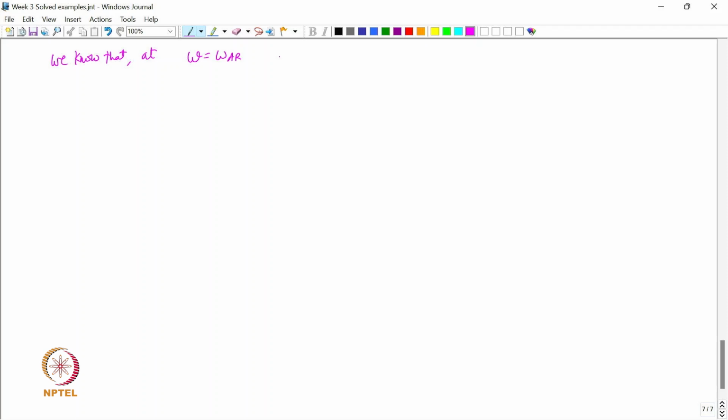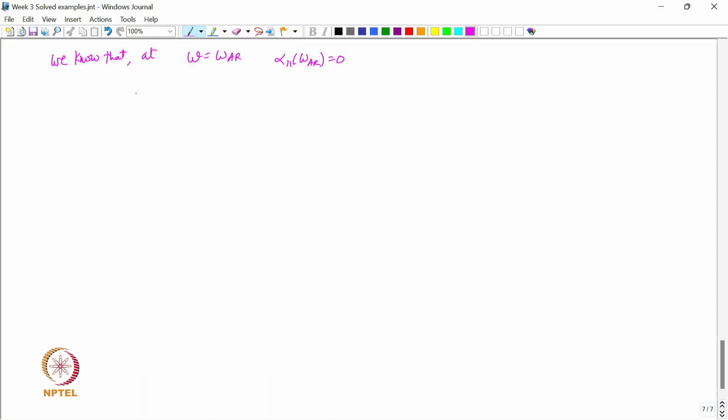So, we can say that the FRF is 0 at omega ar. Maybe I should write it like this, alpha is equal to 0 at omega ar. So, let us impose this condition on the previous equation. So, if you do that, then what happens?